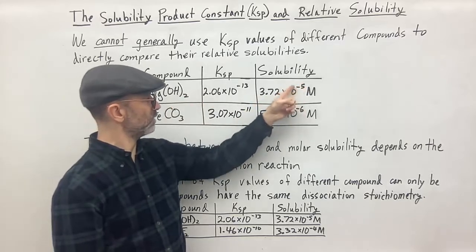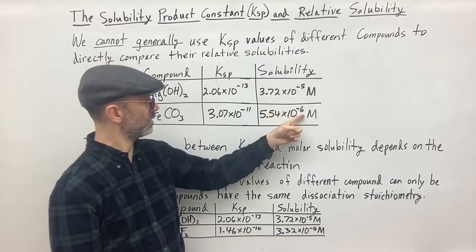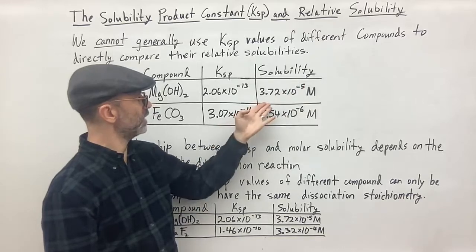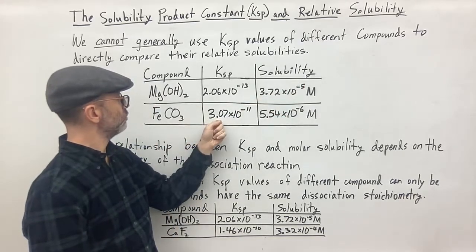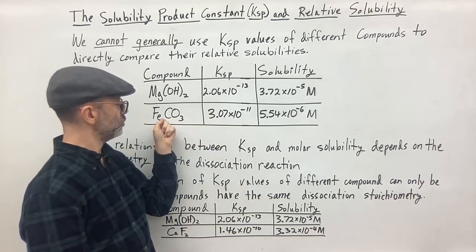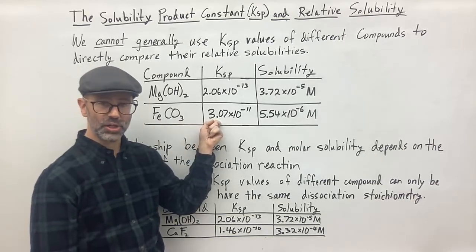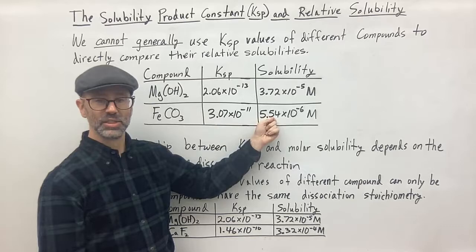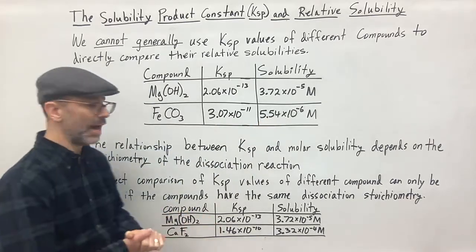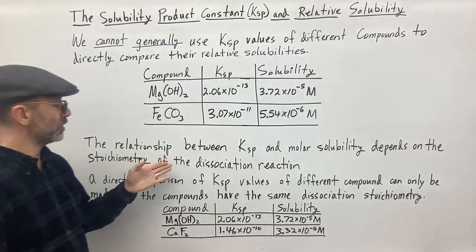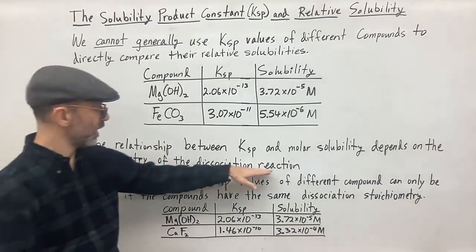So you can see here that this is a less negative number than this one. And so you can see that, even though the KSP value for iron 2 carbonate is larger, the solubility is smaller. And the reason for that is because we have to take in consideration the dissociation reaction.